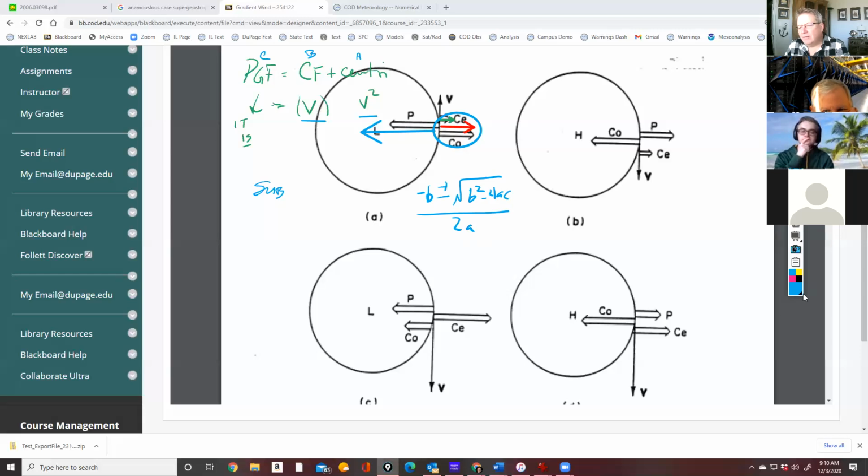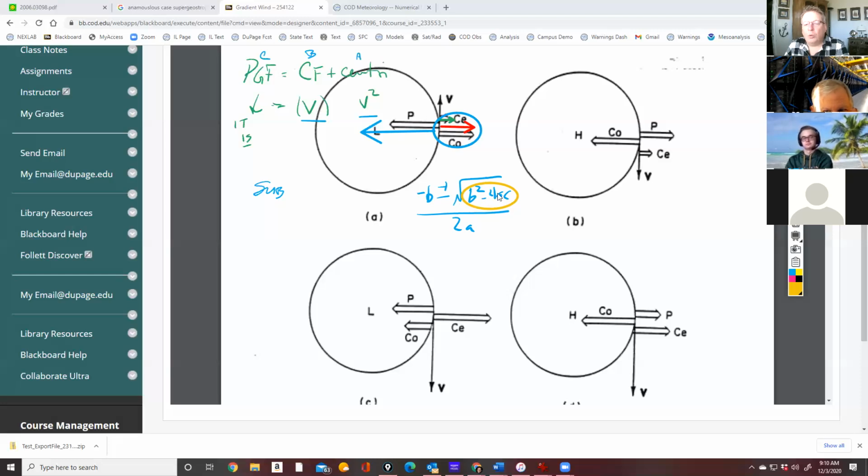The idea is that this term stays above 0, which it always will because the pressure gradient force is opposite the centrifugal force. That means A and C are of opposite signs, the vectors point in different directions, and the minus makes it positive. B squared is always positive.